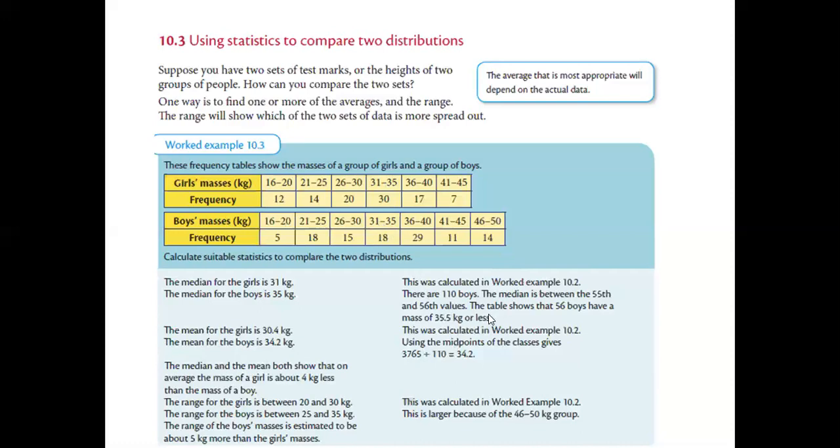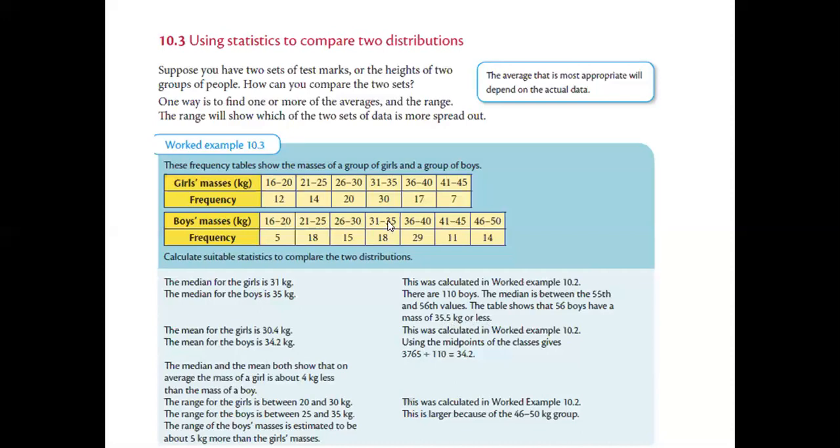Here we take the mass of boys in this group. If you remember in the last lesson, we wrote the boundary of 35 as 35.5 or less than.